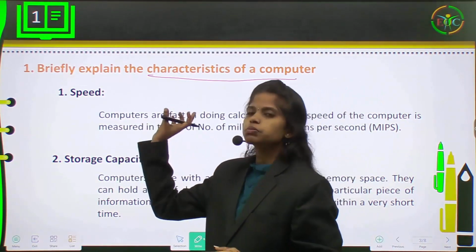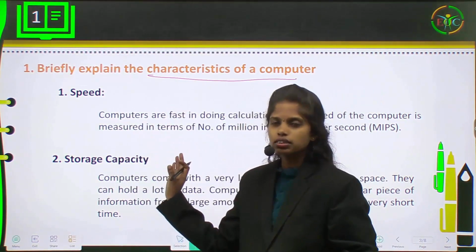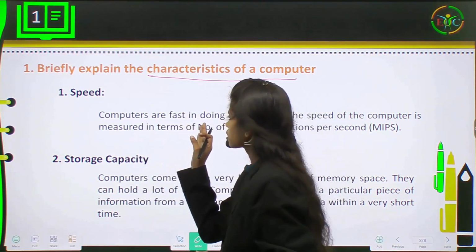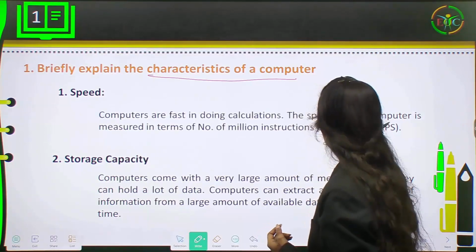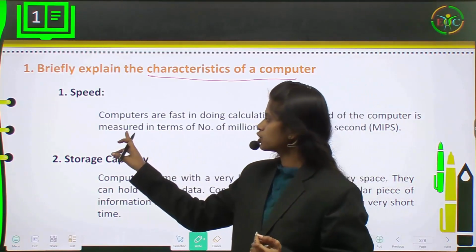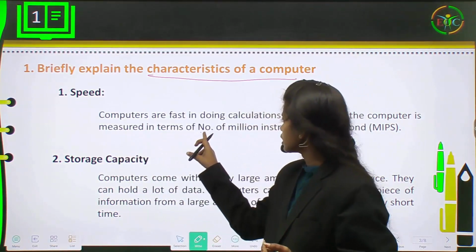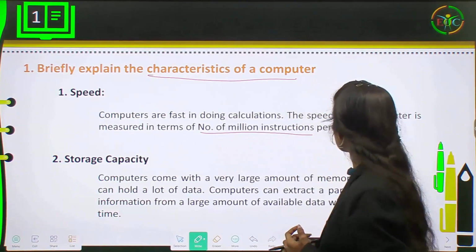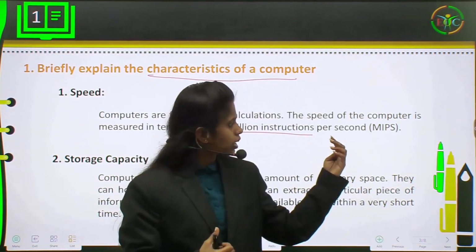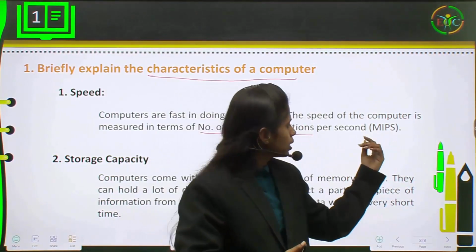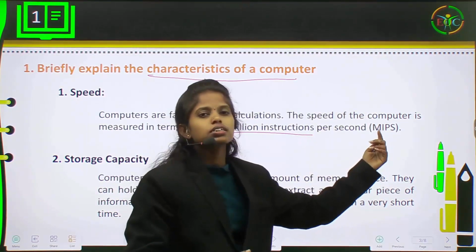So how is the speed of the computer? Computers are fast in doing calculations. The speed of the computer is measured in terms of the number of million instructions per second, which is called MIPS, million instructions per second.